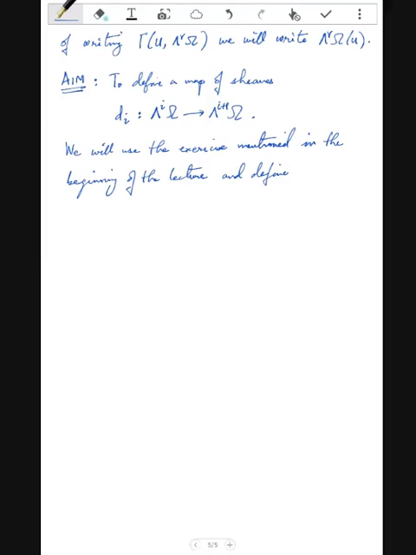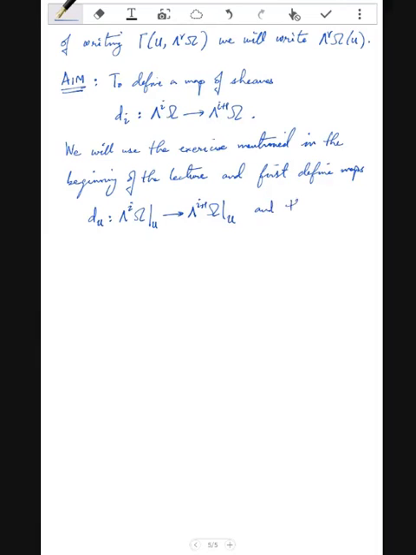And so we will use the exercise mentioned in the beginning of the lecture, and first define maps T sub u from exterior I omega restricted to u to exterior I plus 1 omega restricted to u.